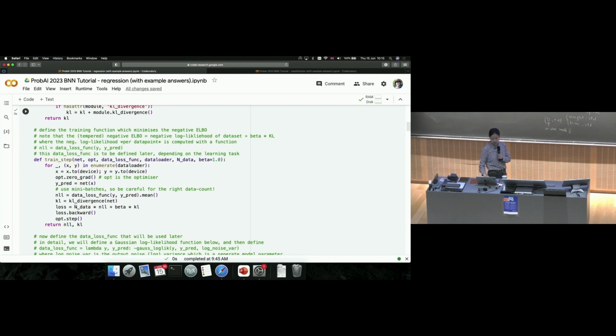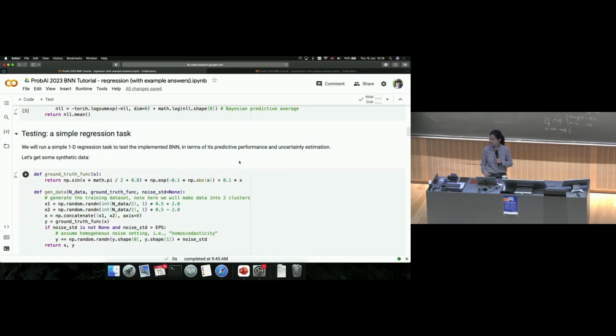And then in the loss function, we multiply this NLL with the number of data points. So this is the N part. Remember, you have this N over n term. So n is your mini batch size, and N is your data set size. Okay. Good.